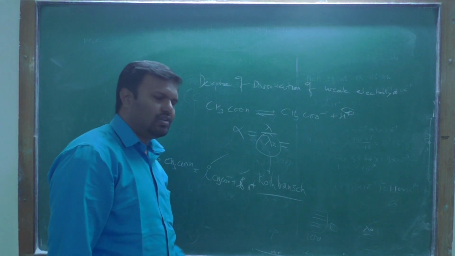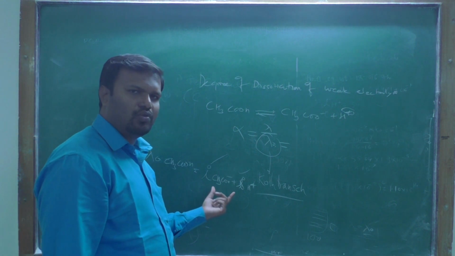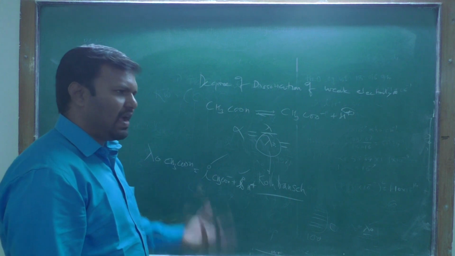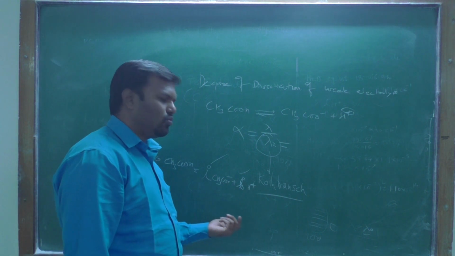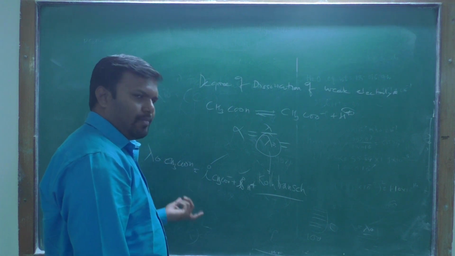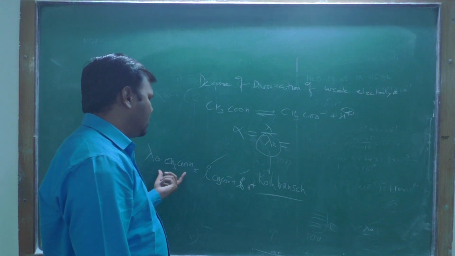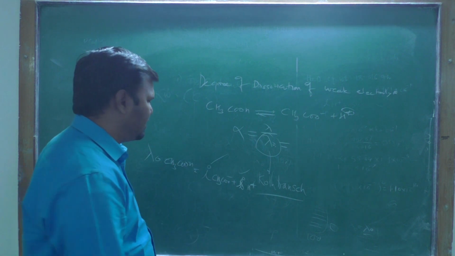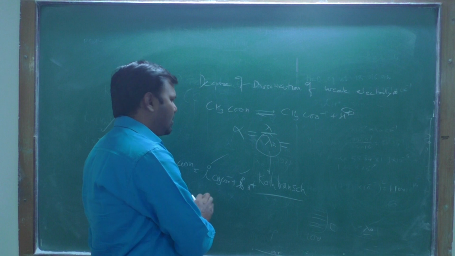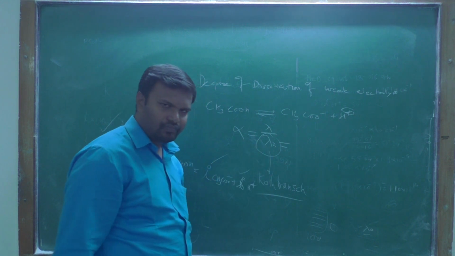At infinite dilution each ion contributes to the total equivalent conductance independently. It does not depend on the other. By using the summation of this you can find the lambda 0 value.